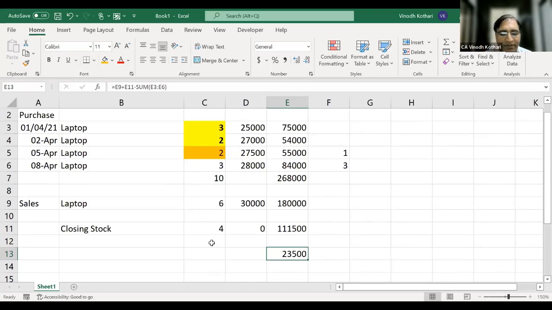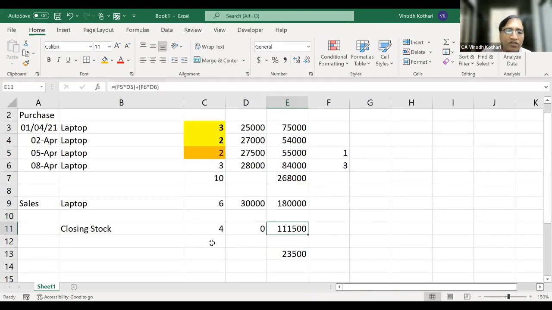Once again, I am explaining: whenever you are making a purchase, you don't make a purchase at one shot. You buy at different intervals, sometimes 3, sometimes 4, because you don't know when you will get the customer. So in a month, assume that I have 4 purchases and 6 laptops are sold in different durations during the month.